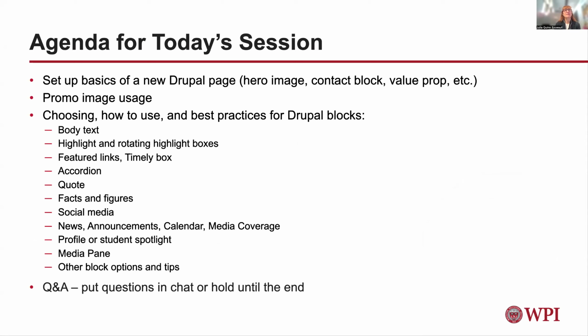So what we're going to talk about today is the basics of setting up a Drupal page, how that works, what are the kind of static boxes that we would want to see this same consistency for. So that would be the hero image, or sometimes you'll see it referred to as a promo image. That's that big one, contact block, and the value prop, which is the first introductory text. And then all of the rest.